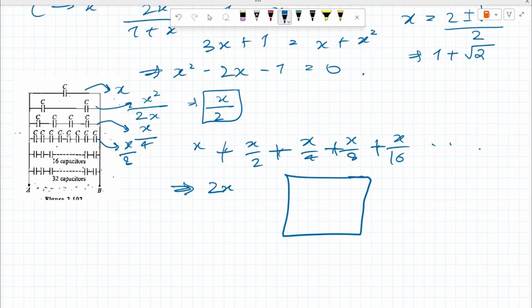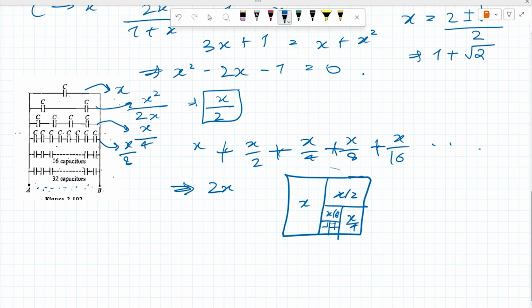Let's consider this x, then this is x by 2, then this is x by 4, x by 8, and so on and so forth.